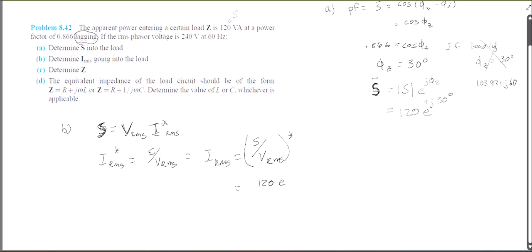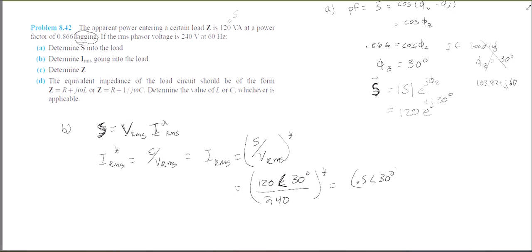And so that would equal 120 angle 30 degrees over V RMS, which is 240, conjugate, and so that equals 0.5 angle 30 degrees conjugate, which is 0.5 angle negative 30 degrees.